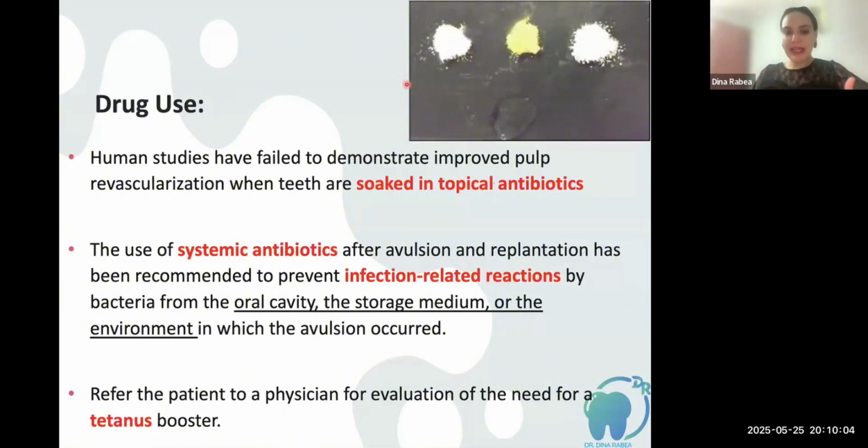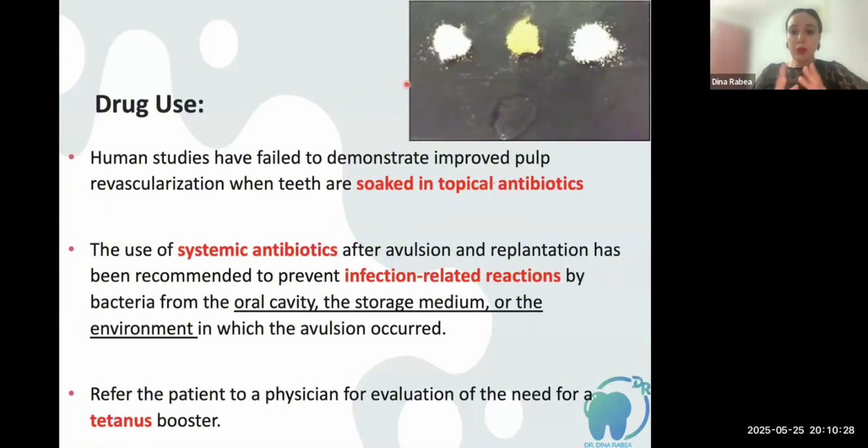But for the systemic antibiotics, guidelines have recommended that they can actually prevent infection-related reactions, including infection-related root resorption in avulsions, especially due to the mix of bacteria and contamination from the oral cavity, the storage media, or the environment.